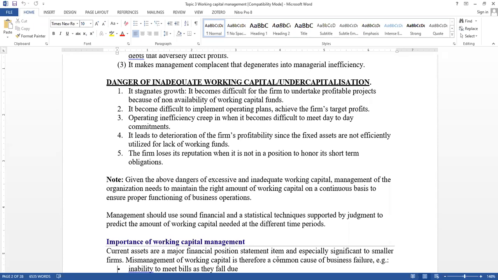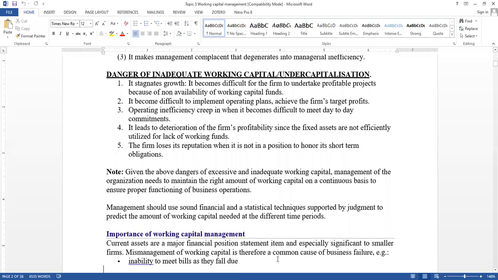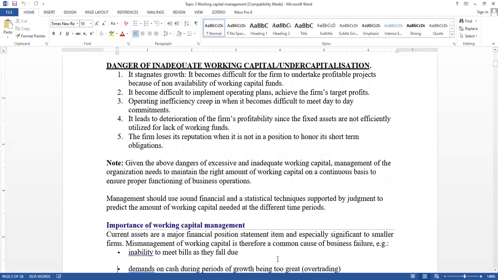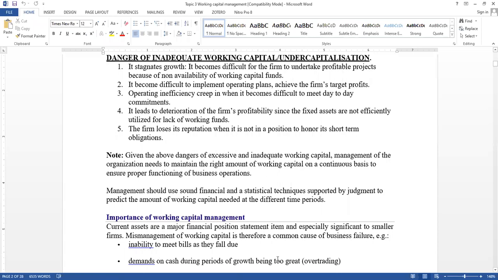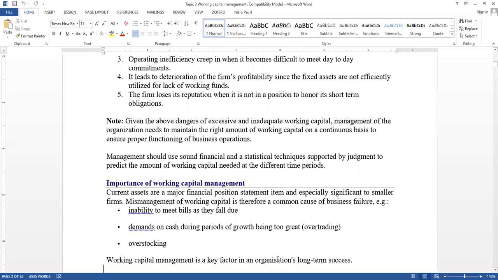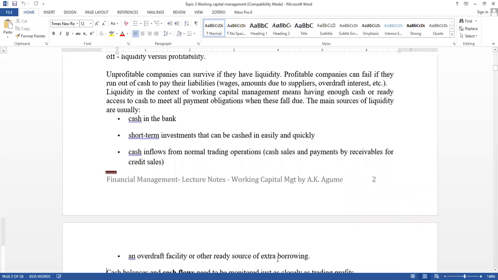So the peak, you need to consider the time period because the periods vary. There are times when the demand is too high. So you should be able to analyze, predict, and ensure that you are able to finance your working capital requirements.